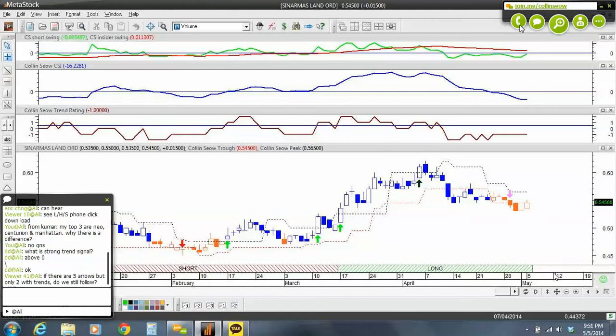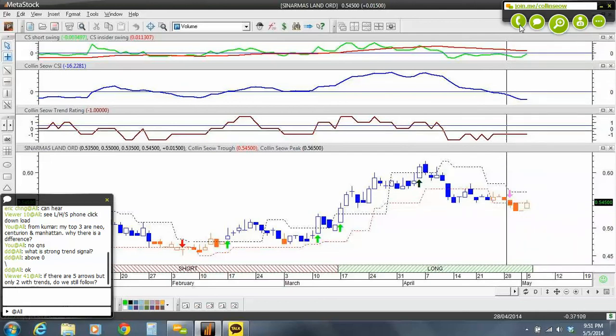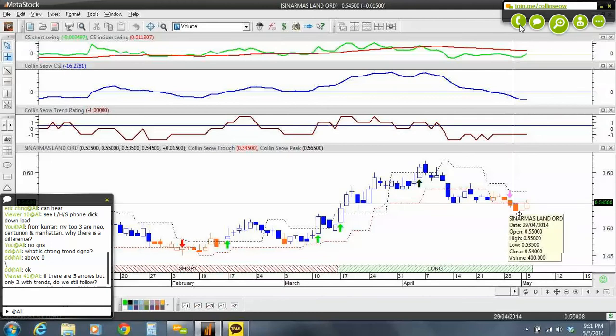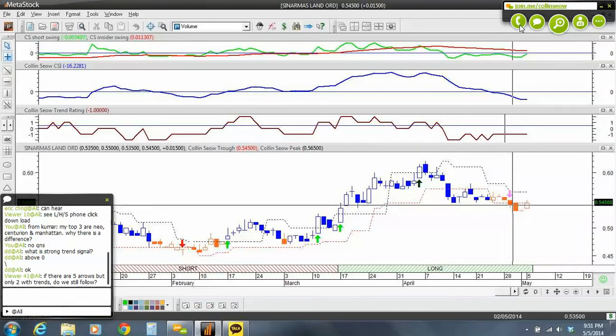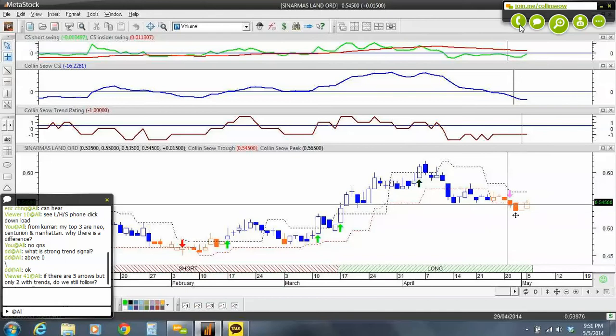Rate the arrow. So for example, right now we have a red arrow here, but the trend rating is below 0.5. So it tells you that this down move is not a very powerful signal. Of course, it can still shoot down, but it tells you that this arrow is not a powerful short signal. Just like this one.